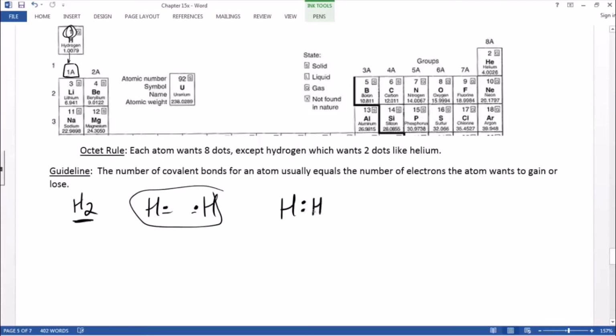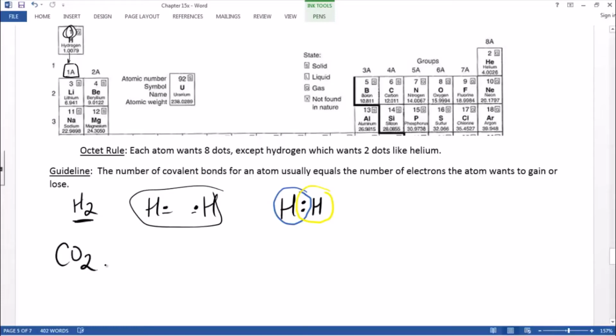The 2 electrons are in between the 2 hydrogens. They're paired up, and each hydrogen thinks it has 2 electrons. They're sharing 2. So this hydrogen sees 2 dots, and this hydrogen sees 2 dots. They both think they have the same number of electrons as helium, and that makes them stable. We've got a stable compound, hydrogen gas.